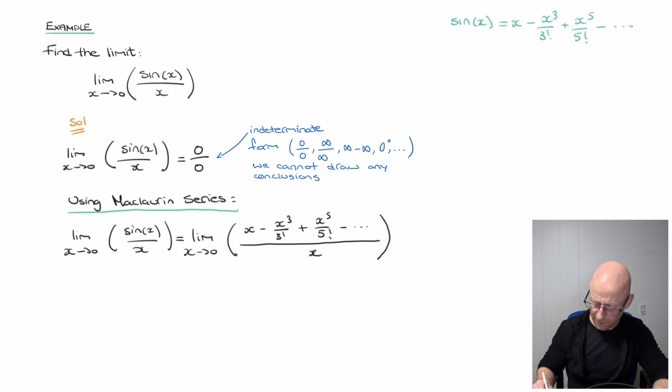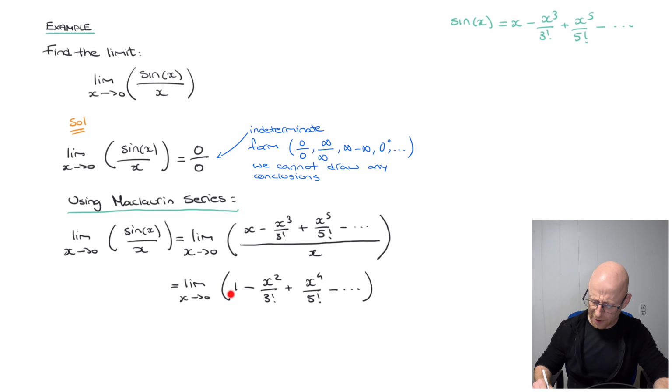And so consequently this x will turn into 1, this x cubed will turn into x squared, this x to the power of 5 will turn into x to the power of 4, and so on and so forth. In other words, this is equal to the limit as x tends towards 0 of 1 minus x squared over factorial 3 plus x raised to the power of 4 over factorial 5, and we could keep on going if we needed to.